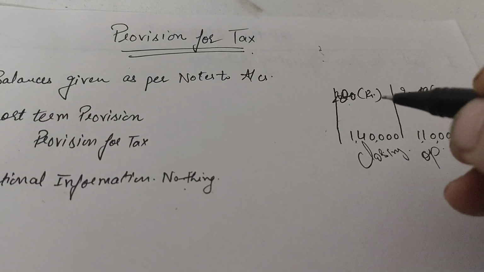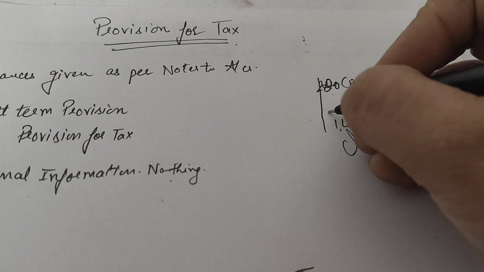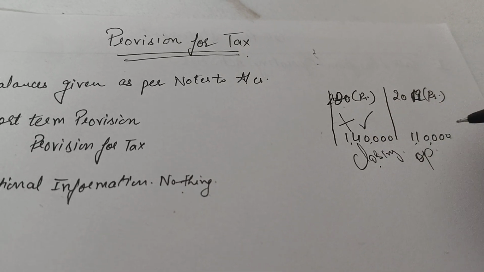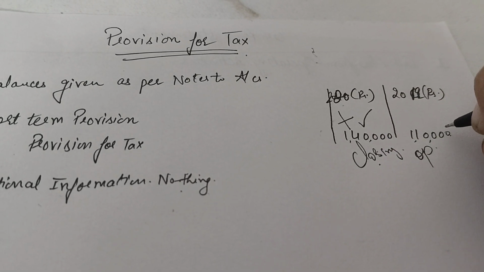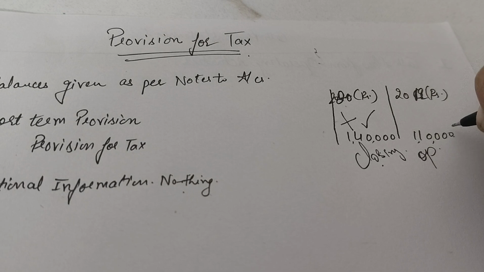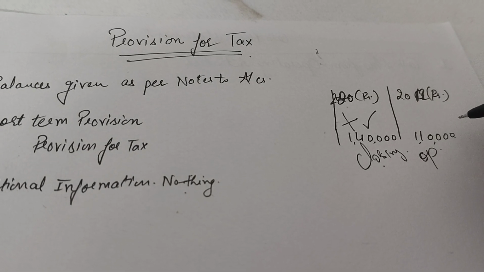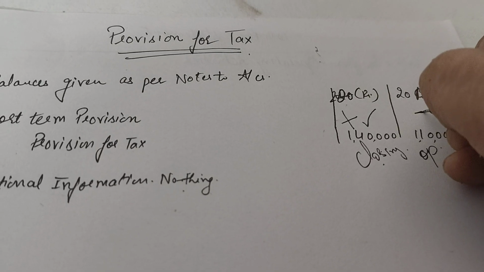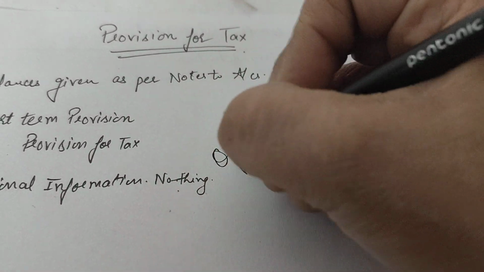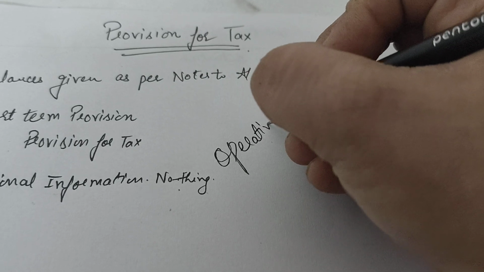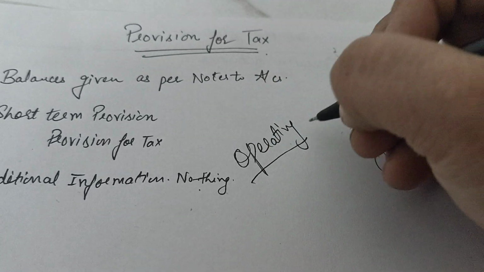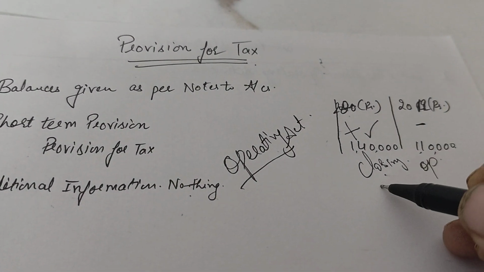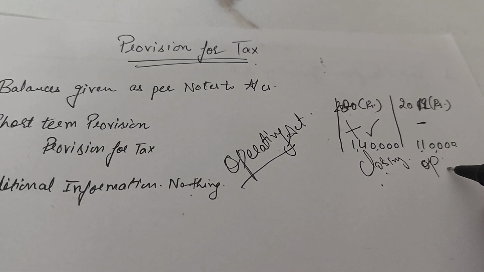So this is added in your operating activities, the closing balance. Whereas the opening balance, which is given here 1,10,000, that is to be paid. So this is deducted from which activity? Operating activity. The whole point is taken to the operating activities with the addition of closing balance and deduction of opening balance.